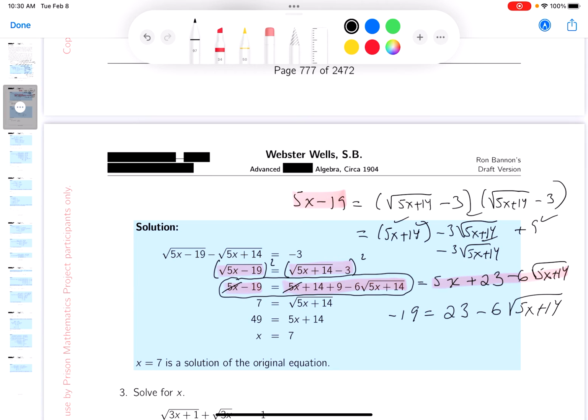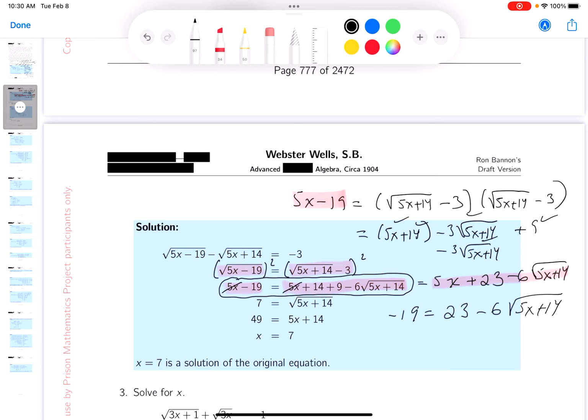And I'm going to subtract 23 from both sides. And what would you get? You get what? Did I make a mistake somewhere? Let me take a look. I think I made a mistake somewhere.